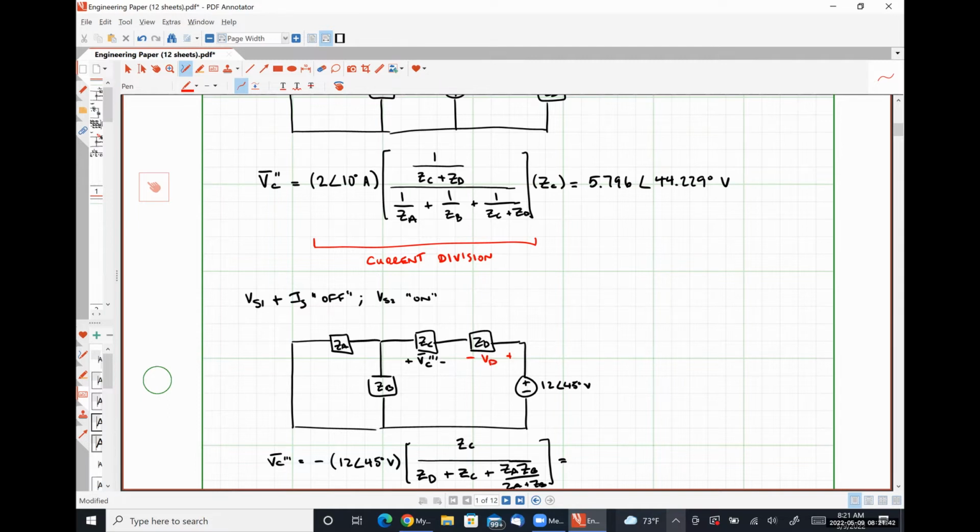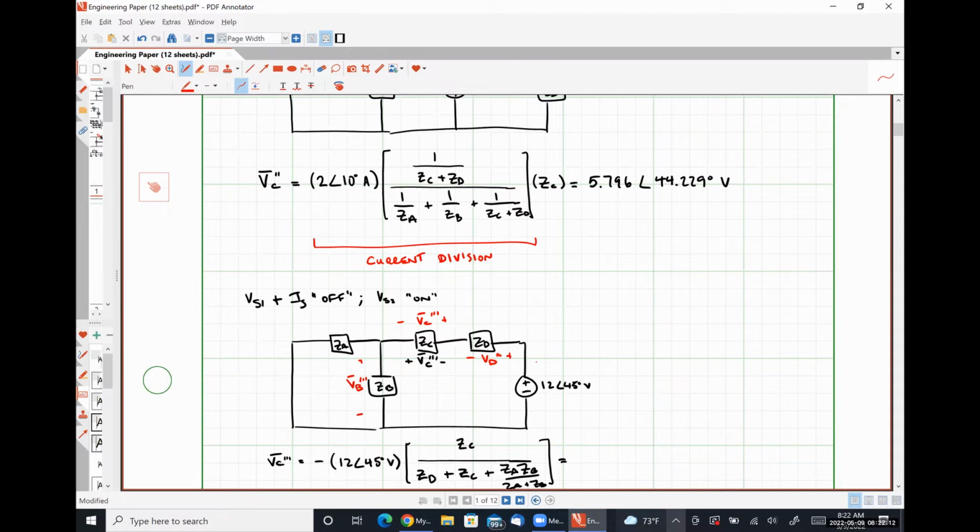So this would be VD triple prime. This would be VB triple prime. And we would expect to see VC triple prime like so, where the sum of the drops is equal to the source voltage, but we have an opposite polarity here, which means we need to include that negative sign in order to get the correct answer.